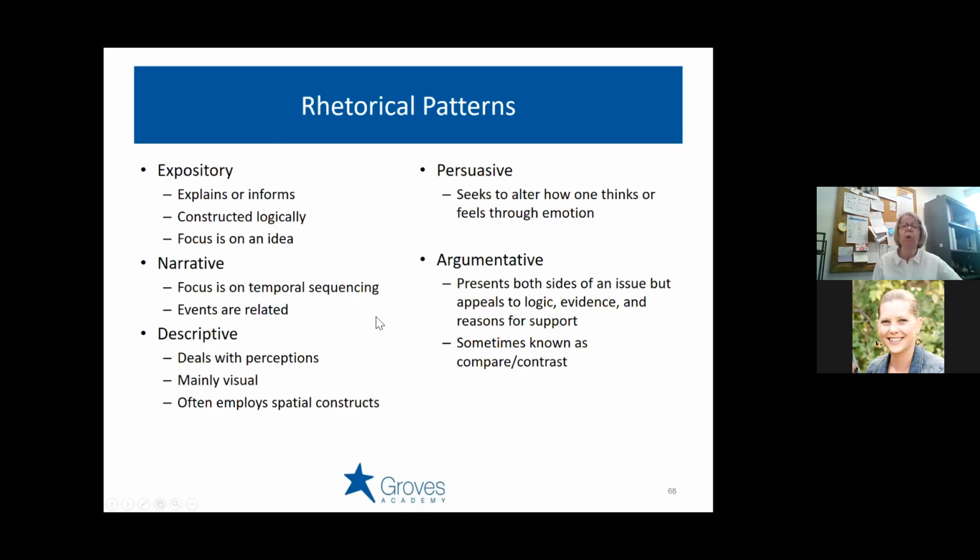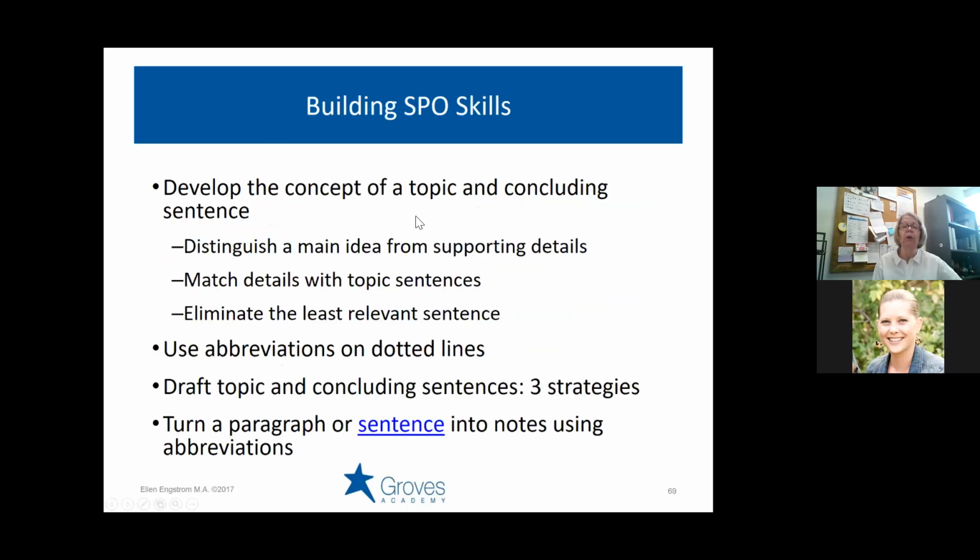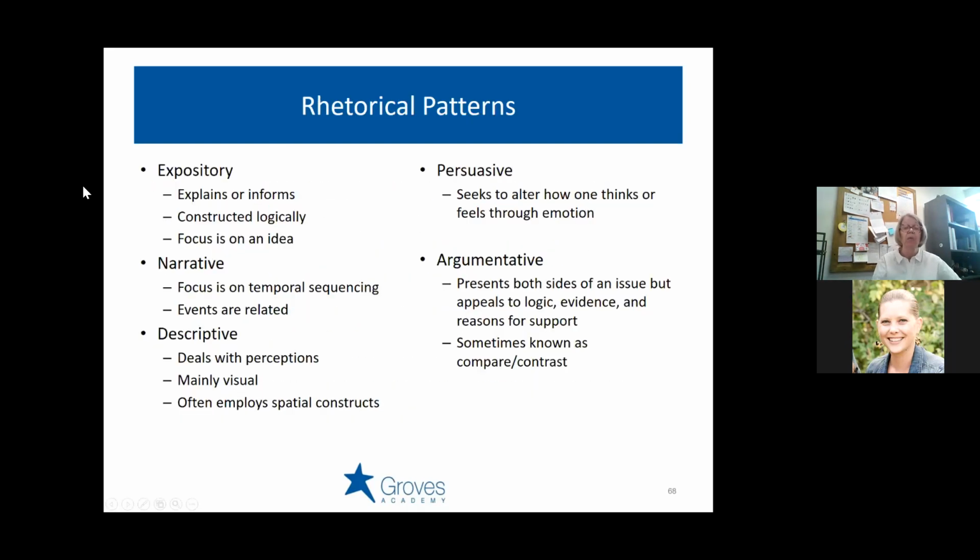Narrative, which is really more related to fiction and more related to personal stories, as is description. Persuasion and argumentation are important for expository text, and argumentative may compare and contrast is important, making a case for something.